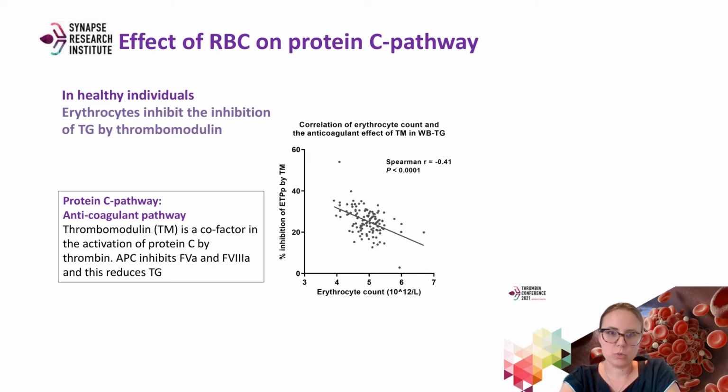These observations were done in healthy individuals, so with normal hematocrit. So probably, if you would measure in a disease group, which has not only maybe different hematocrit, but also diseased erythrocytes, the effect on the APC pathway could even be increased.